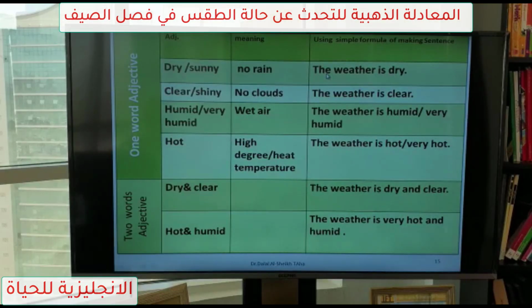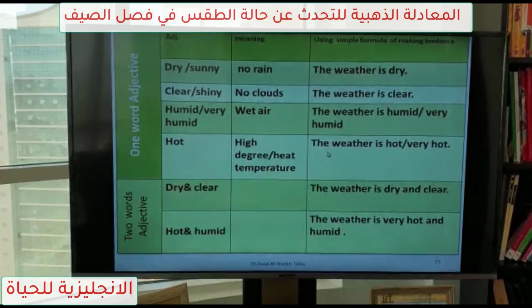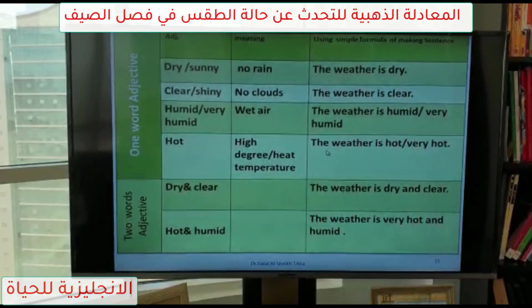We can start with the word "the weather" or we can say "summer". Summer is dry or the weather is dry. The weather is clear or the summer sky is clear. The weather is humid or the weather is very humid. The weather is hot or the weather is very hot, or summer is hot, summer is very hot.